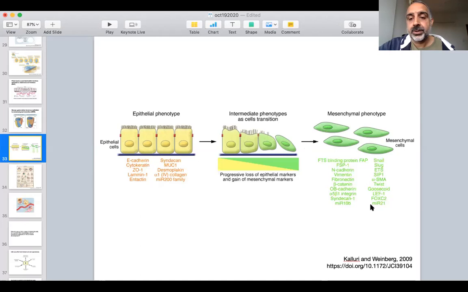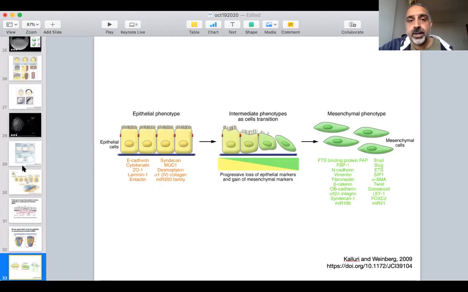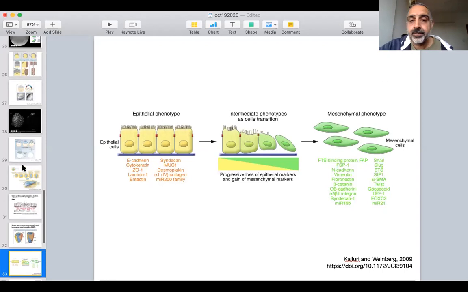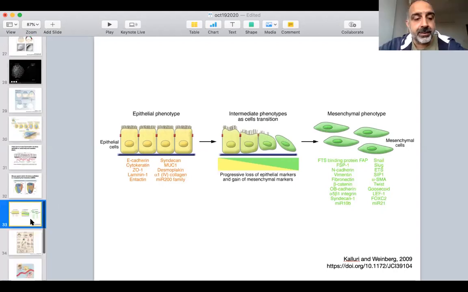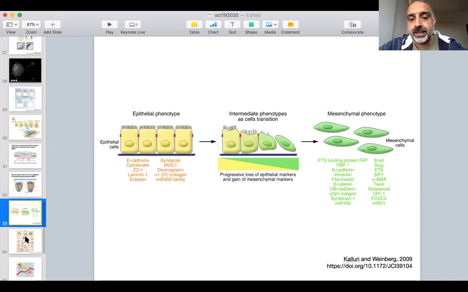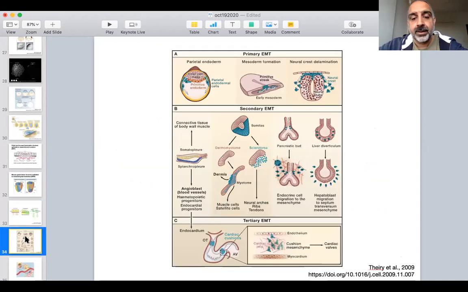That's shown here. So this is reminiscent of something that's clinically important as well. And so, does anyone want to hazard a guess where EMT becomes very important? Cancer. Exactly. Yeah. So when we're thinking about metastasis, we think about EMT as well.